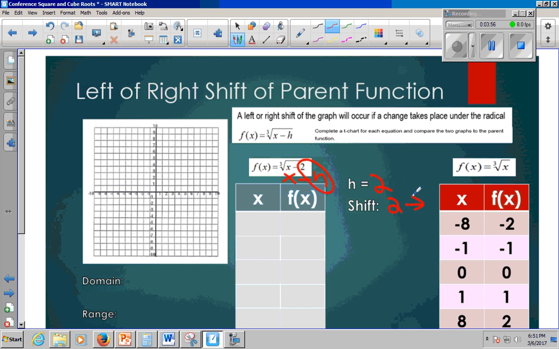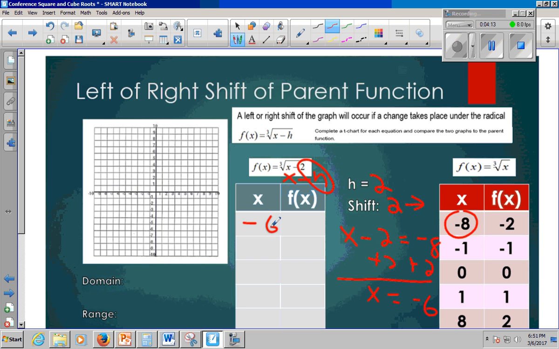So we want to have a good point, which we saw was negative 8. So we can set what's under the radical equal to negative 8. And if I add 2 to both sides, then I see that x should be equal to negative 6. Okay?